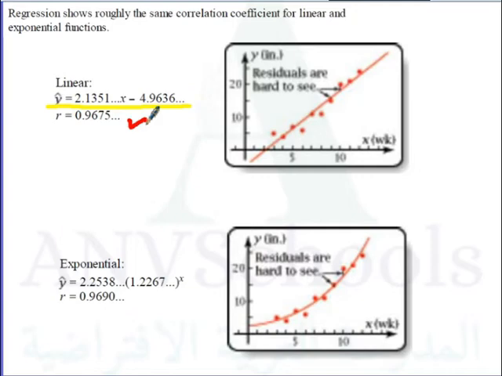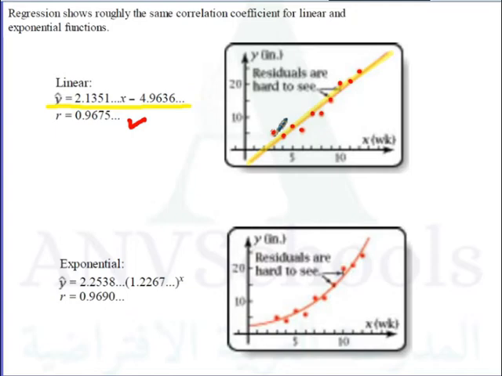Notice that if we use the linear function, we have this graph. It's like a best fit because the points have smaller residuals, you can see them curling into the line.